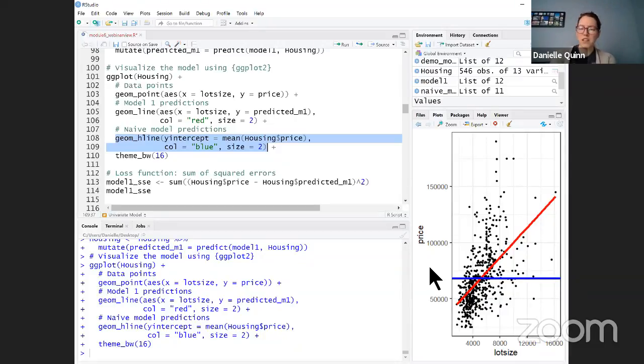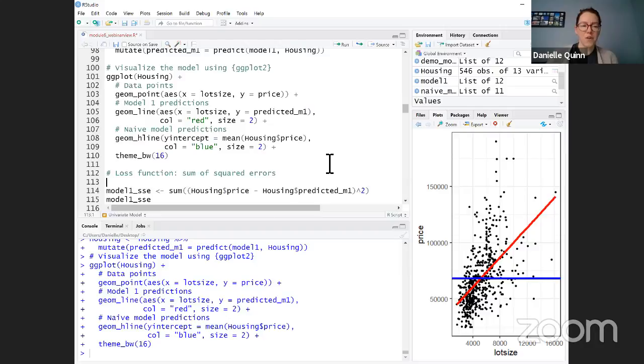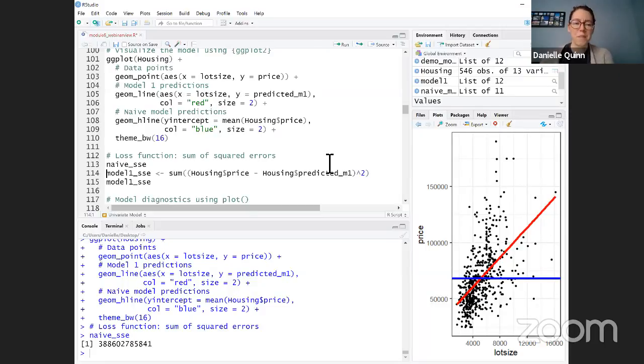And sometimes you can look at this plot and say, obviously the red line is going to give us a better answer than the blue line. But if you actually want to be able to defend that decision and quantify it, you would want to do something like the loss function. So remember, the number to beat, our loss function from our naive model, is this huge number.